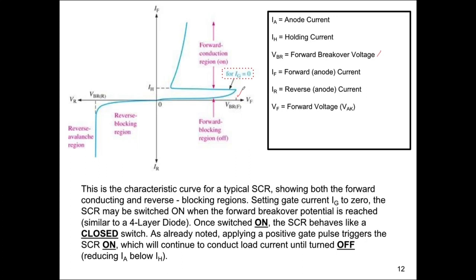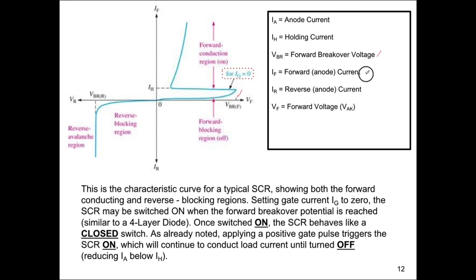But anyway, you could abandon the gate lead, use it as a 4-layer diode essentially, and allow the forward breakover voltage, which is typically 25 to 35 volts, depending on the device, somewhere in that range, to initiate conduction.